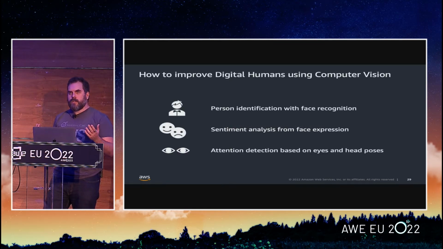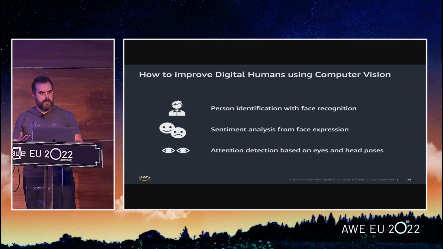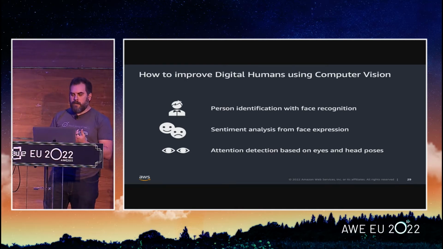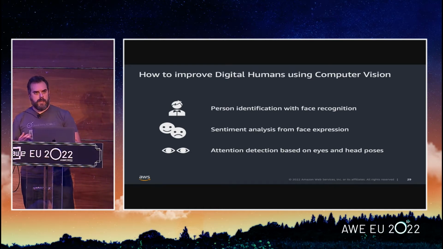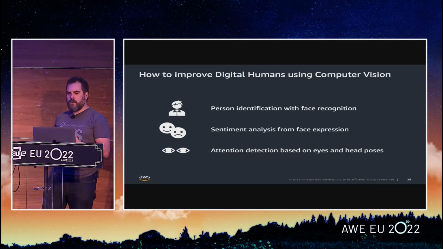If you think about a digital human, it has an intelligence for speech, but it doesn't see you. So if we can add vision to the digital human, we can create additional scenarios. For example, the digital human can recognize you using face recognition, so it can know who is in front without asking. It can understand your sentiment based on your face, not speech, not words, not text, just looking at your face.